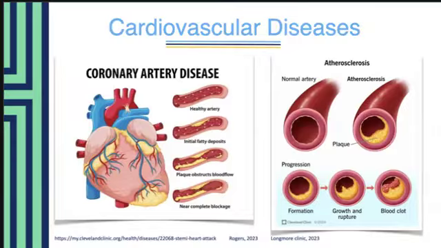So its prothrombotic effects increase clot formation, and the pro-inflammatory properties of LPA amplify the inflammatory process in atherosclerosis. So a high LPA significantly increases cardiovascular risk independent of other lipid levels.